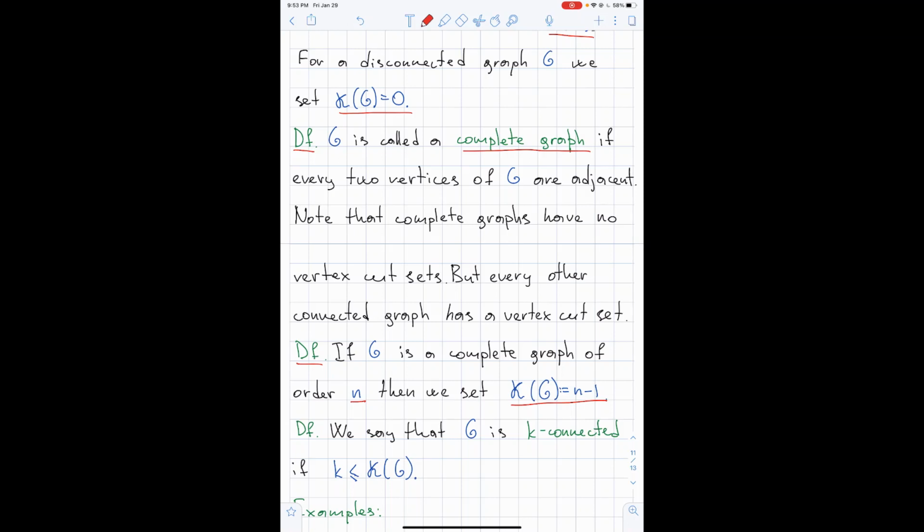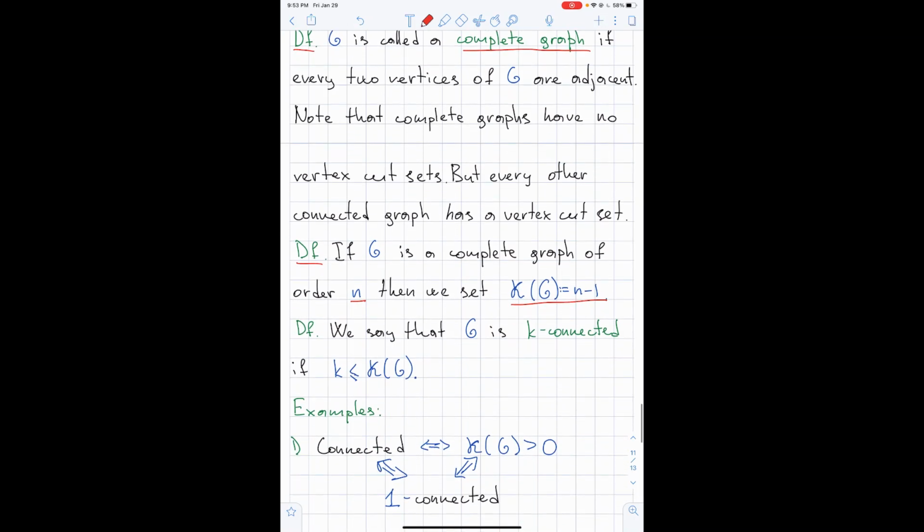Because once again, if we leave two non-adjacent vertices and remove everything else, well, it becomes disconnected. So therefore, connectivity is less or equal than n minus 2. So it's less than n minus 1. So if the connectivity is equal to n minus 1, that means that we have a complete graph.